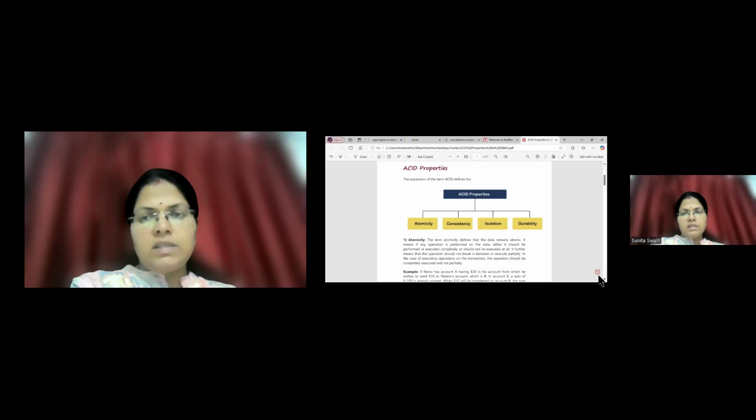So, what are these terms? First one is atomicity. The term atomicity defines that the data remains atomic. It means if any operation is performed on the data, either it should be performed or executed completely or should not be executed at all.